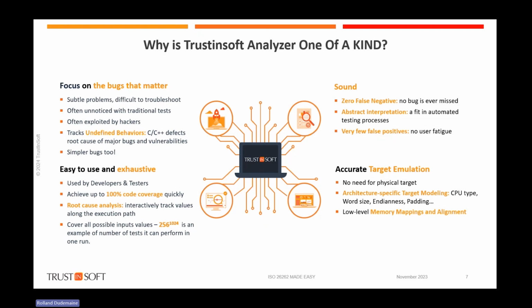And that's quite important because when there are no false negatives and few false positives, the result is that the user of the tool can focus on the real issues instead of going through a typical static analyzer, which will report you thousands or hundreds of issues where maybe one or two will actually hide a real bug. But in our case, it will report only the real ones that are relevant.